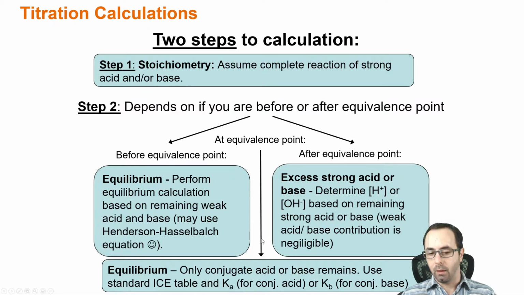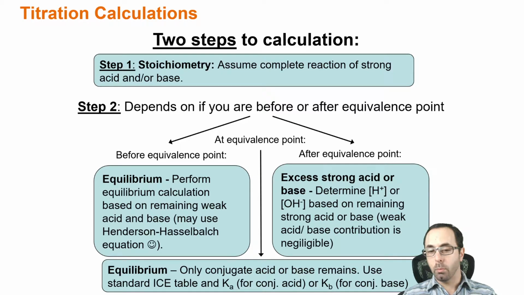If you are at the equivalence point, at that point, all of your initial weak acid or weak base in the titration will have been completely consumed. So you will write an ice table and perform an equilibrium calculation based on the remaining conjugate acid or base that's left.